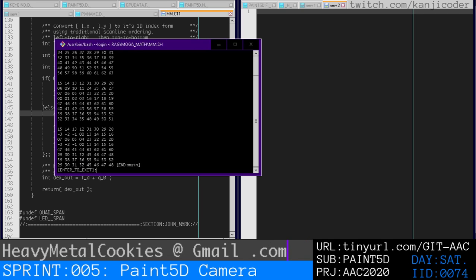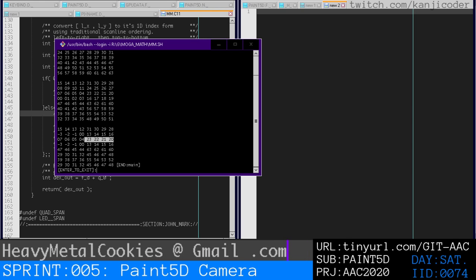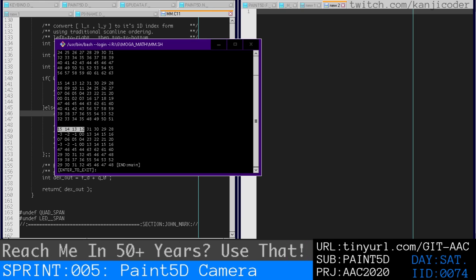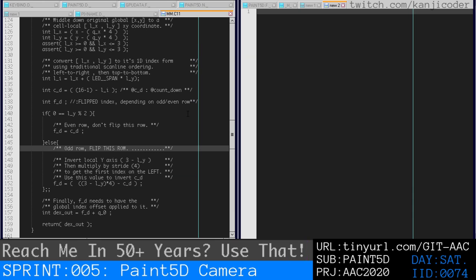Then 29. So it looks like on some of these, 31, 30, 29, this is correct. But these are forward, this is the evens. And where we need to flip, we're going wrong here. So let's look at the things we need to flip.